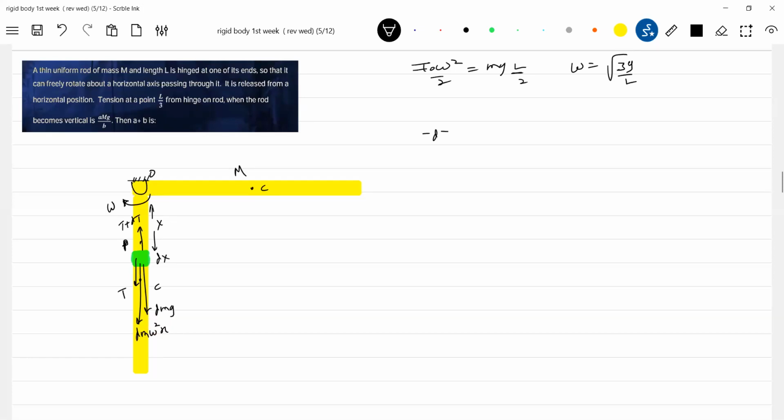So minus dT is equal to dm g. In problems like this, the weight of the rod also will come into picture in determining that. For a rod rotating, what is the tension at a distance x from the axis of rotation? Here the effect of gravity also will come into picture.